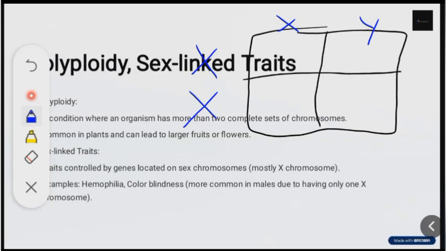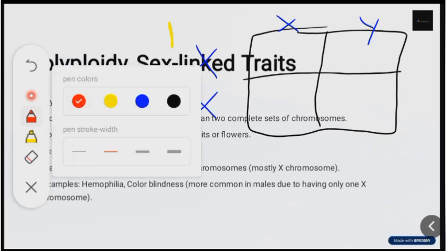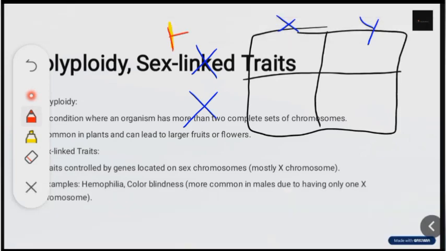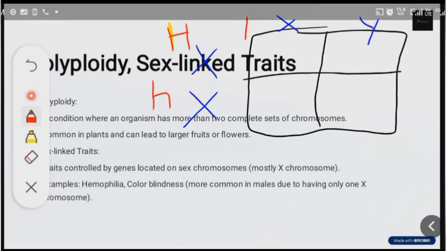We are now saying that the mom has one X allele that is defective, that has the ability to produce hemophilia. The other one is normal. So the mom is a carrier. Now the father as well has one allele, but he is normal too.